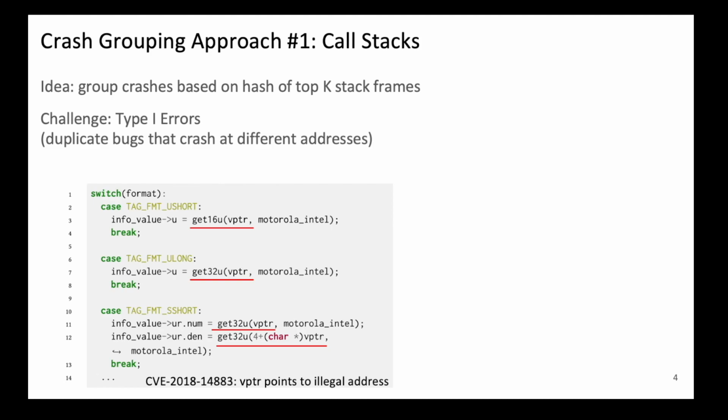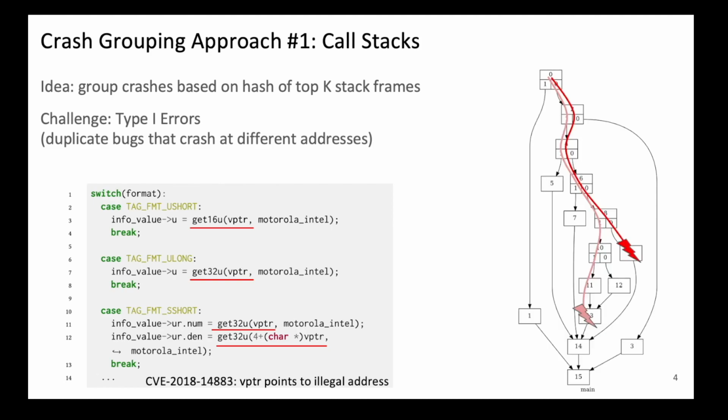So they will have different call stack hashes when the crash is triggered. If we group crashes according to the stack hash, we will divide them into multiple categories, but in fact, their root cause is the same. We call this type of error, which classifies crashes of the same bug into different groups, a type 1 error. Type 1 error is also the main challenge of crash classification at present.